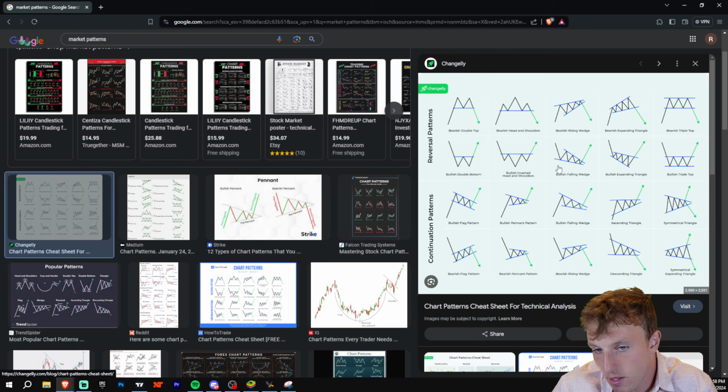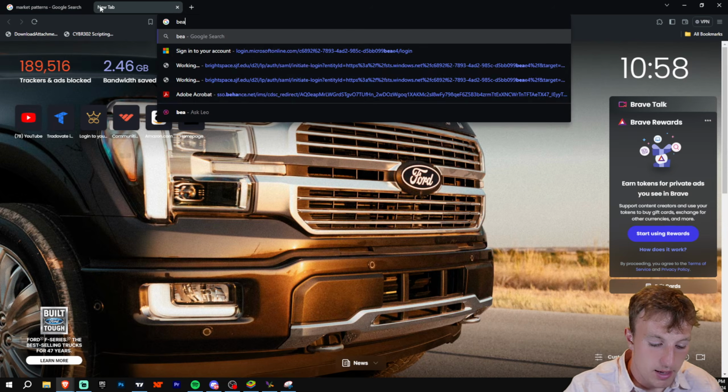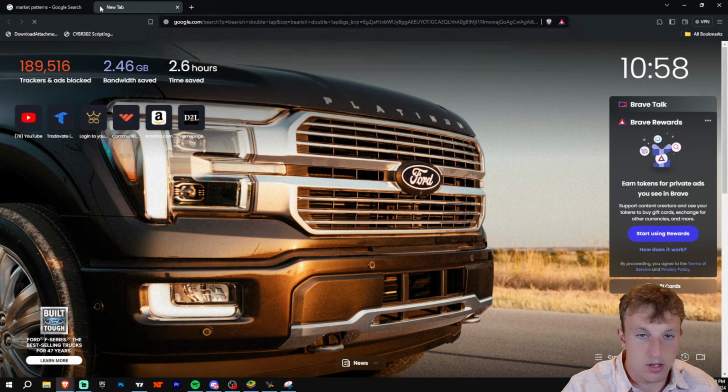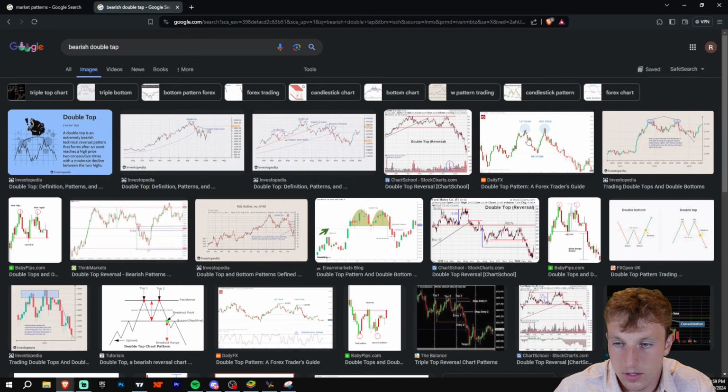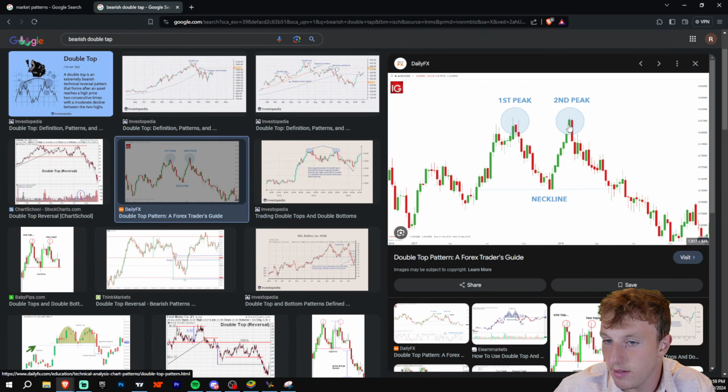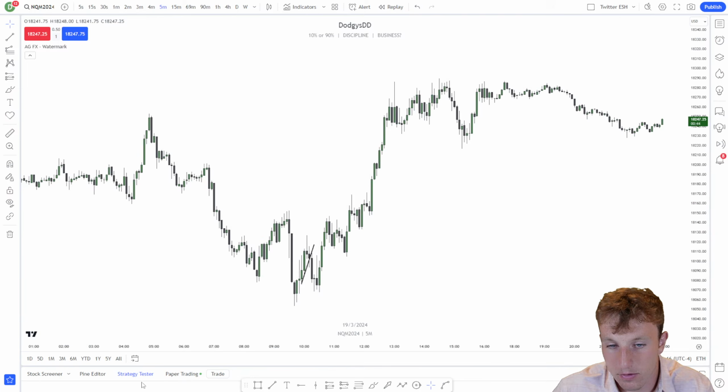So, for example, let's look at a bearish double top. Why might a bearish double top be good? Because if we make 2 peaks, that means price is likely to reject that again. So what people do is they see 2 rejections of the same spot, and people are like, oh, we rejected it, I'm going to short, or I'm going to bounce.